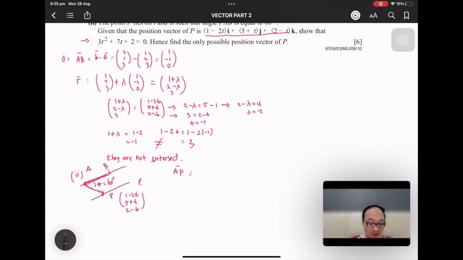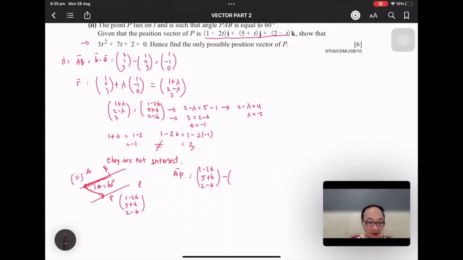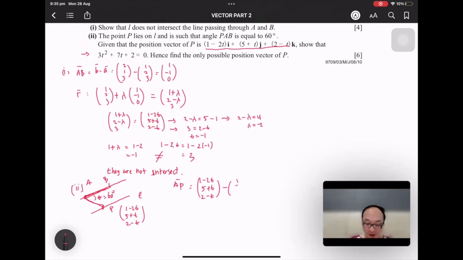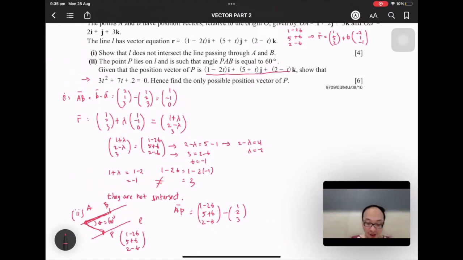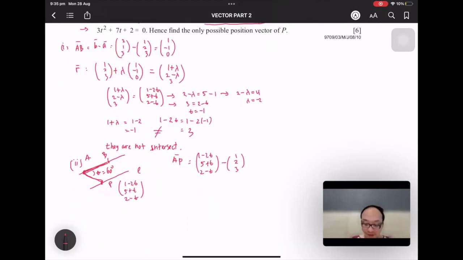P minus A: 1 minus 2t, 5 plus t, and 2 minus t, minus A. A is 1, 2, 3. So it equals minus 2t, 5 minus 2 is 3 plus t, and then 2 minus 3 is minus 1 minus t.